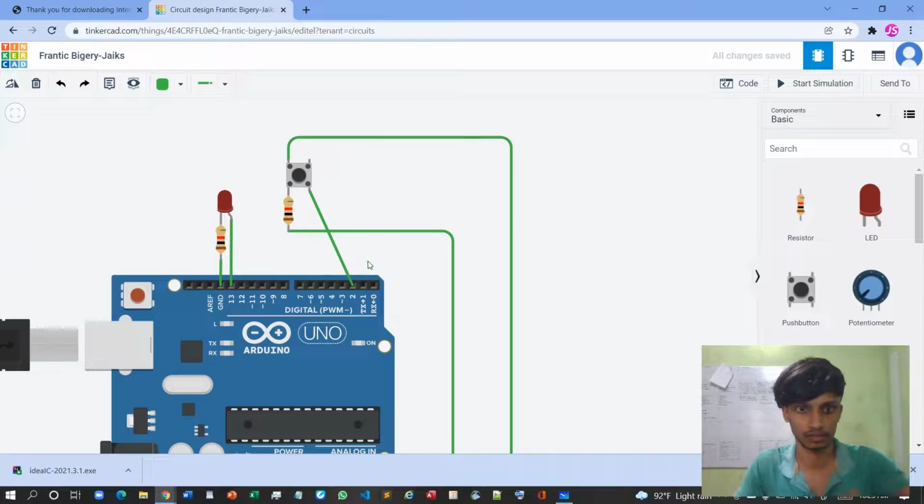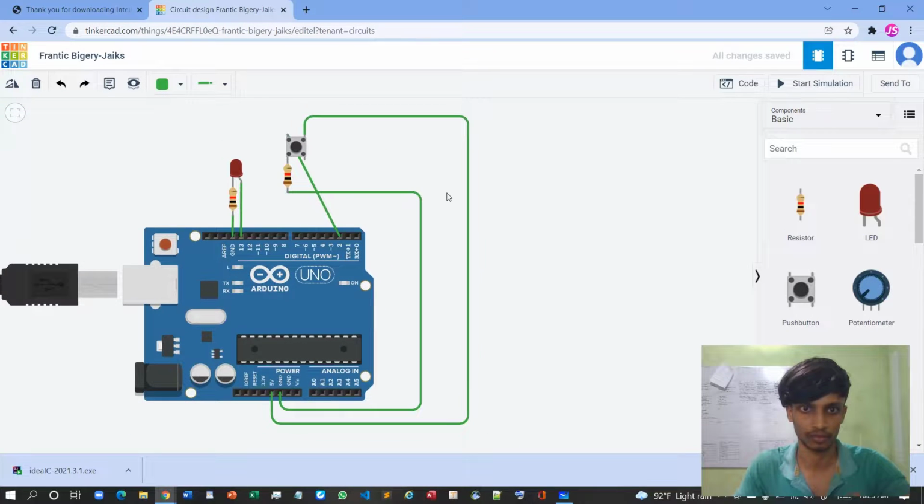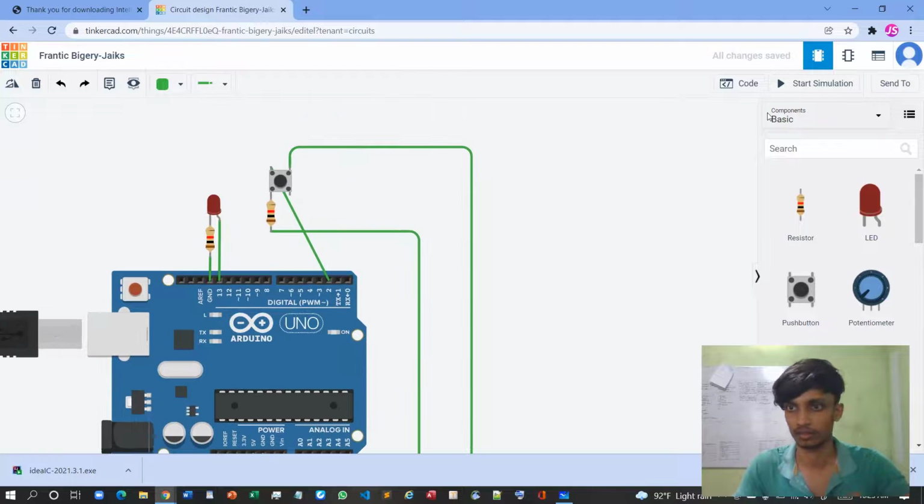Open means the resistor needs to be pulled down. I think these two parts need to be interchanged. This one goes here like this. Then this is the 5 voltage. Then this is the ground. Then it is pulled down to the ground initially, right?